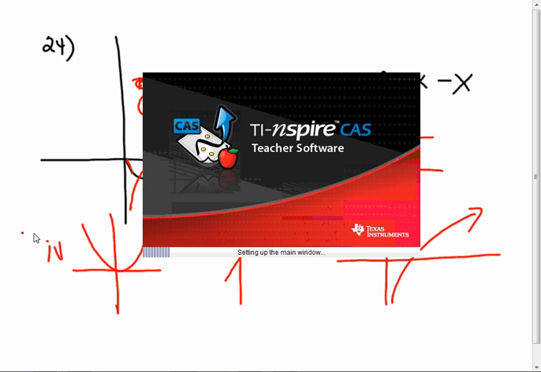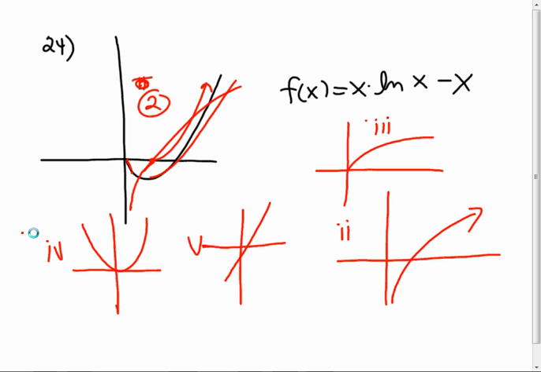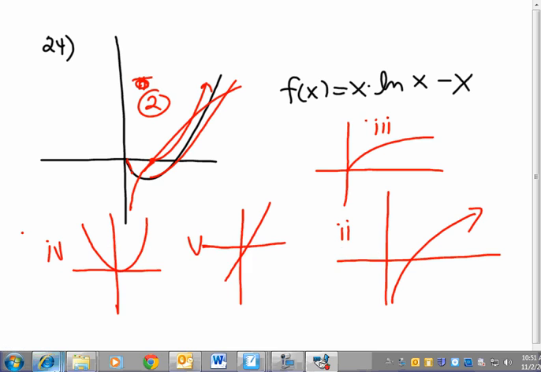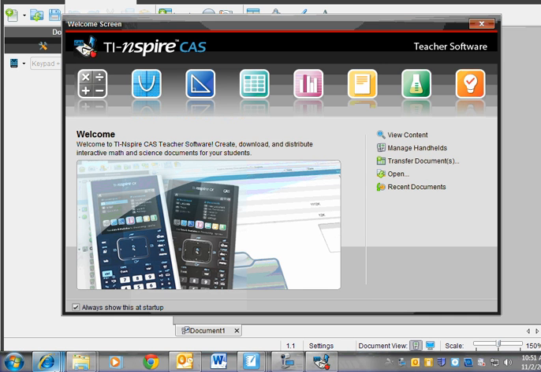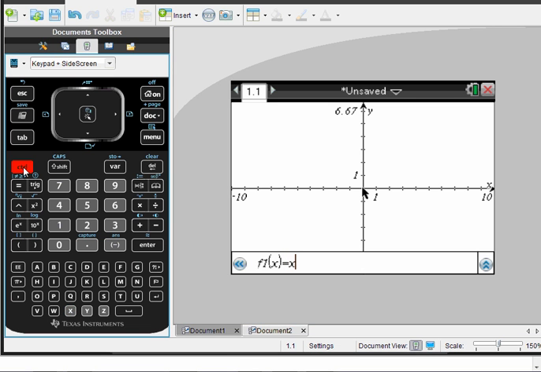Any old Inspire will work. We do have a whole bunch of other Inspires too. I also know the derivative of that. Okay, where is it? There it is. Okay, so I want to type in x log x. My problem is I'm not sure if I know how to do the derivative. Oops.